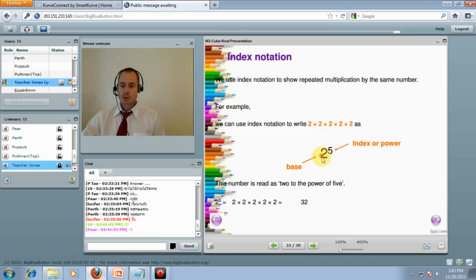This is called the base, and this is the index or power. This is read as 2 to the power of 5, and it's equal to 32. So the base and the index.